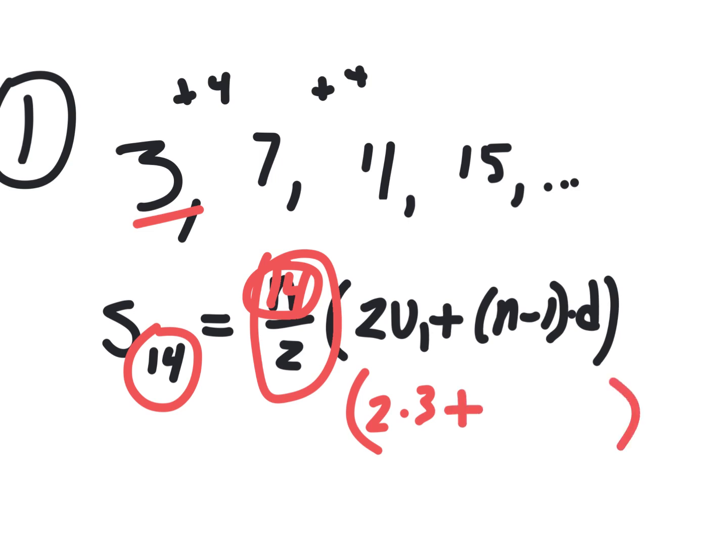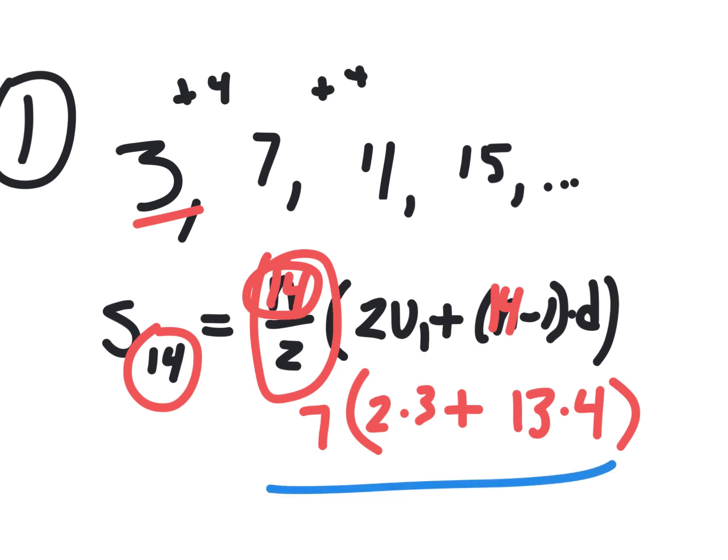Don't do everything on the calculator. n minus 1. n was 14. Oh my gosh, it appears again in the formula. 14 minus 1 is 13 times the common difference, which is 4. Okay, 4 times 13 is kind of hard. Do that in your head. I'm impressed. Put this all together. You got your final answer for your first problem.